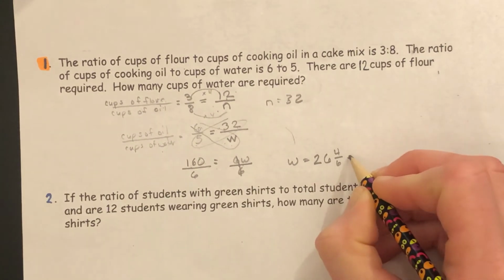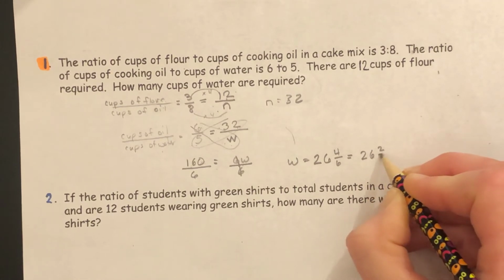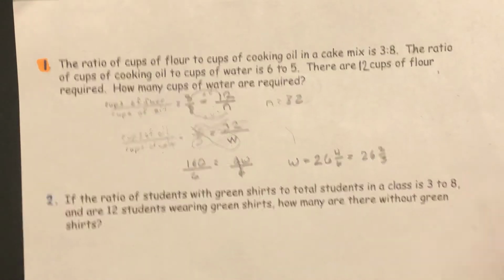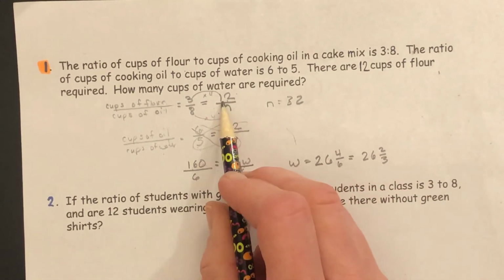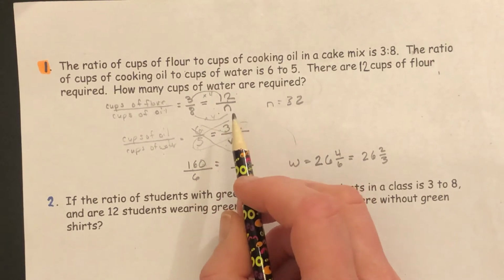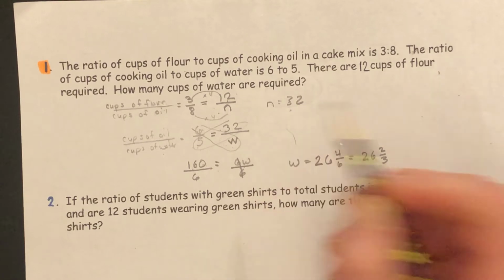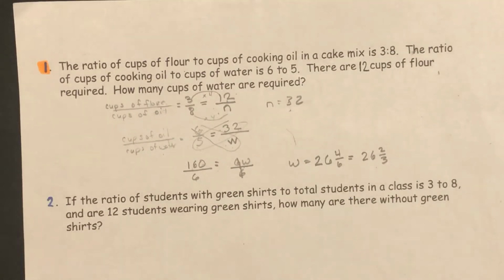And then I'll reduce my fraction: 26 and 2/3. So then, if I have 12 cups of flour required, then I will have 32 cups of oil to go with it, and 26 and 2/3 cups of water to go with it, if everything stays at that ratio.